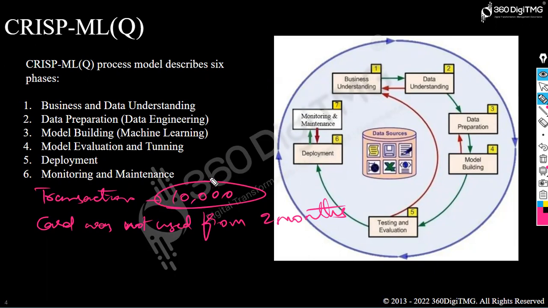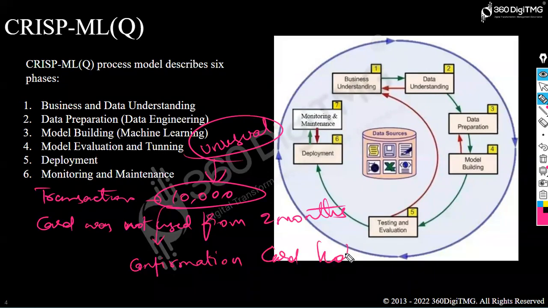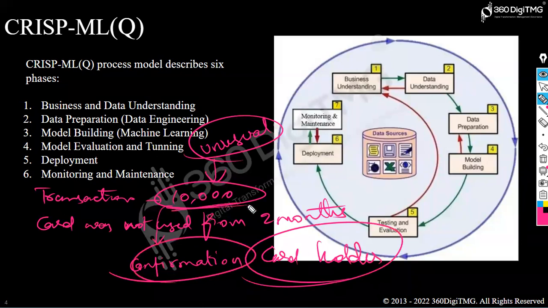Won't you think that it is unusual? For this, you need to get a confirmation from the cardholder whether the transaction was done by them or not, because the model has detected that it is an unusual transaction.